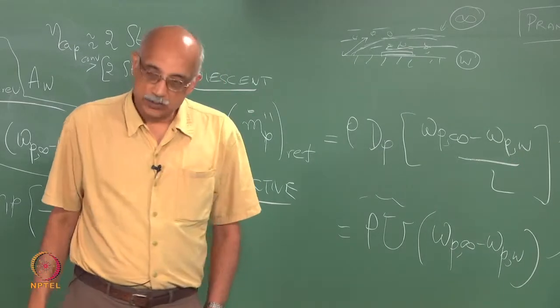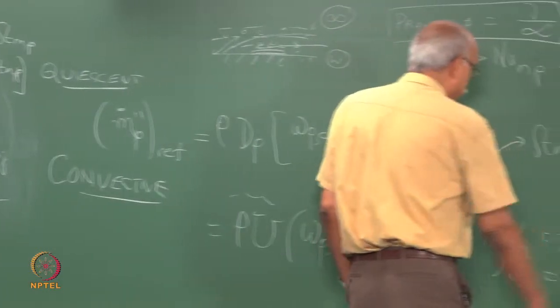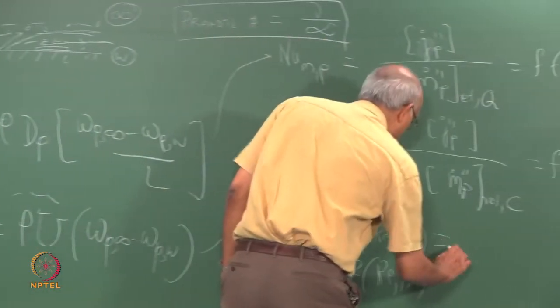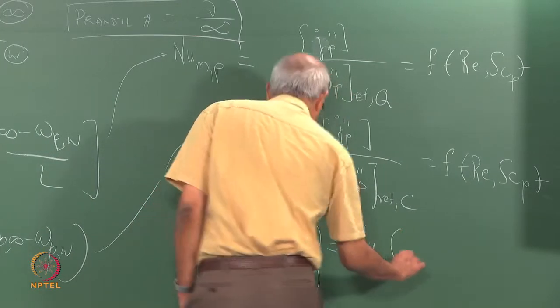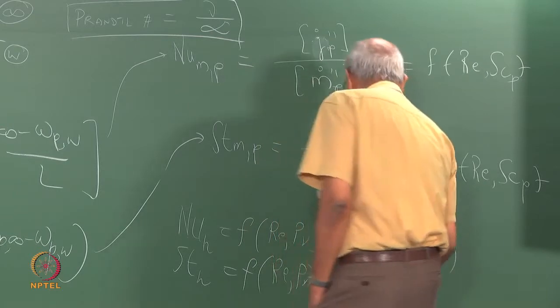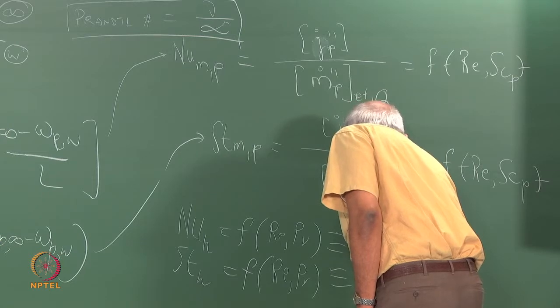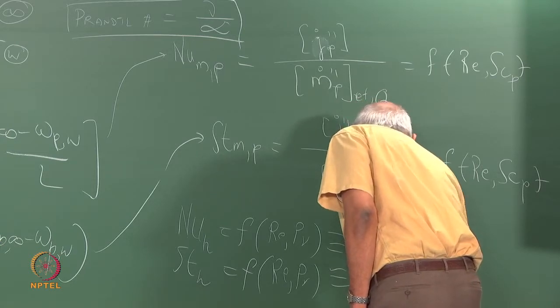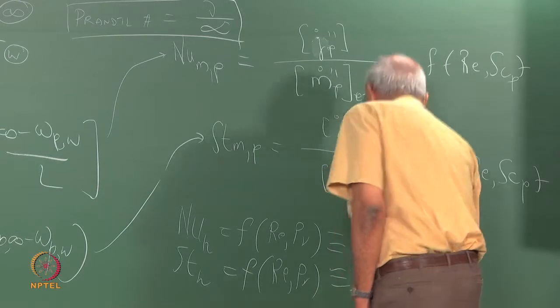Under analogy conditions, NuH as a function of Reynolds number and Prandtl number is identically the same as NuM as a function of Reynolds number and the corresponding Schmidt number, and similarly StH is the same as StM as a function of Reynolds number and Schmidt number.